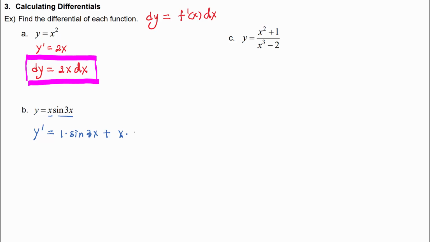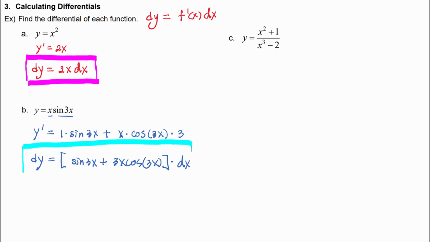The derivative of sine is cosine of the input times the derivative of the inner function, which is 3. So then the differential of y is the bracket sine 3x plus 3x cosine 3x times the dx. So I found the differential of y.